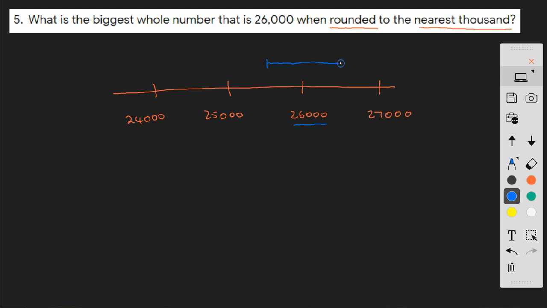When do they stop? They stop at this point here, halfway. Well, let's have a think. What numbers are halfway here? 25,500 and 26,500 are the numbers that are halfway.